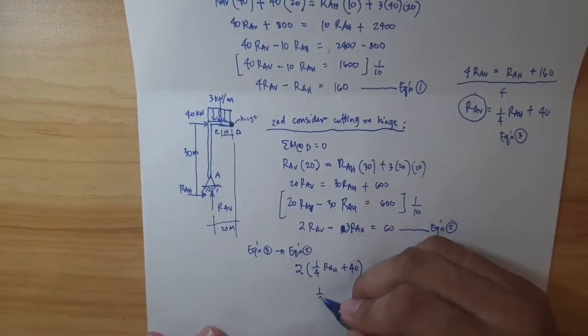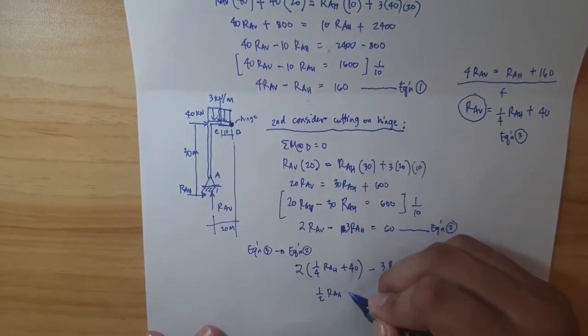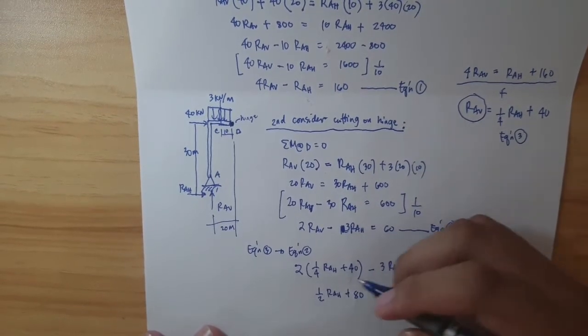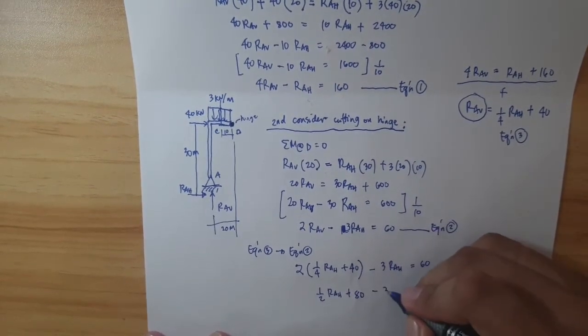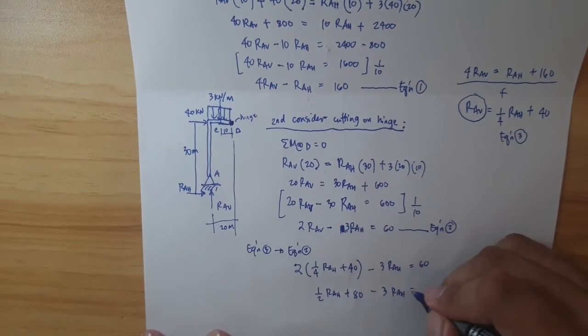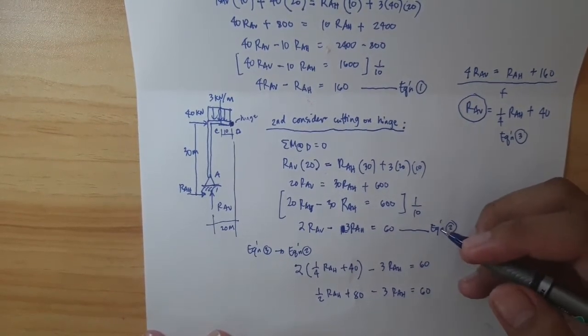That is 1/2 RAH plus 80 minus 3 RAH equal to 60.